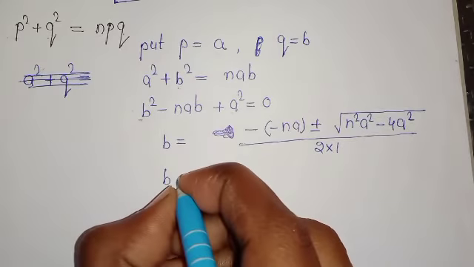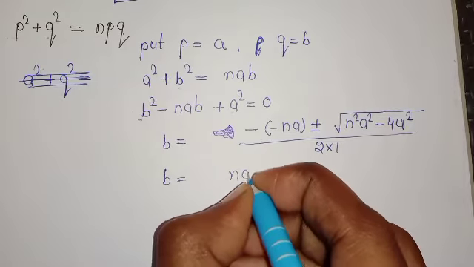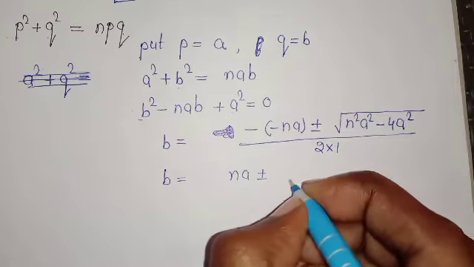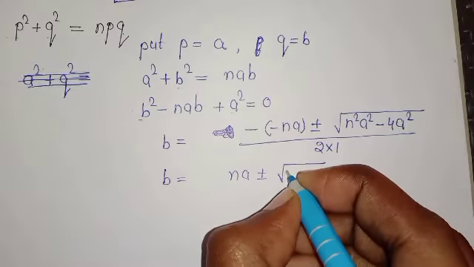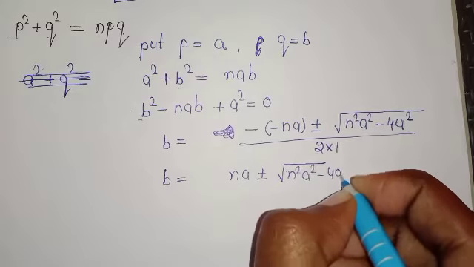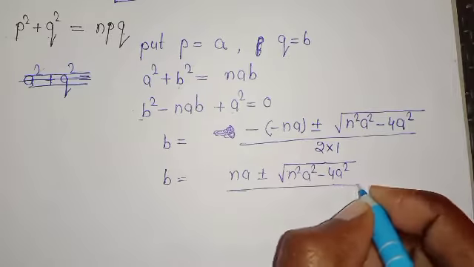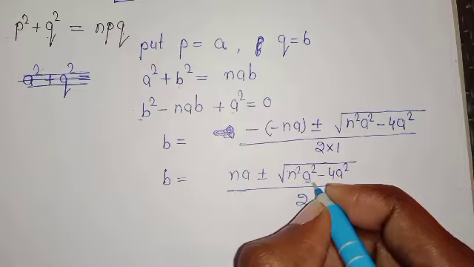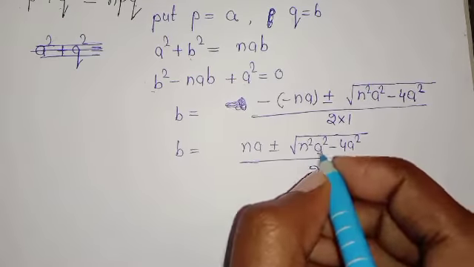Now if we simplify it, this becomes Na plus minus root of N square A square minus 4A square by 2. And we can take A outside because it is present in square.